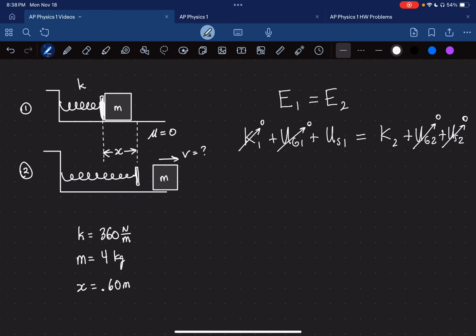And so if you remember your conservation of energy, the law of conservation of energy, energy cannot be created nor destroyed, but it can be transformed. And that's what's happening here. So this is kx squared over 2 equals mv squared over 2.